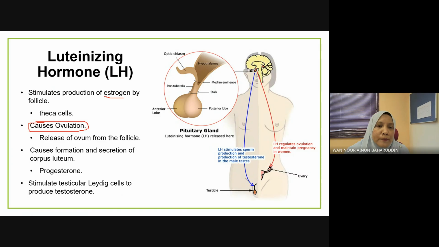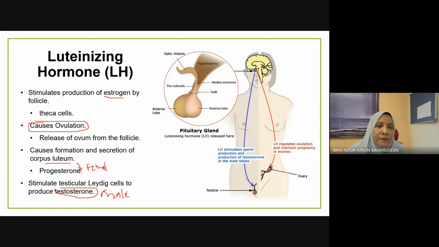So it causes the formation and secretion of corpus luteum, what we call the progesterone itself. And for male, it will stimulate testicular Leydig cells to produce testosterone. Okay, testosterone for male, progesterone for female.